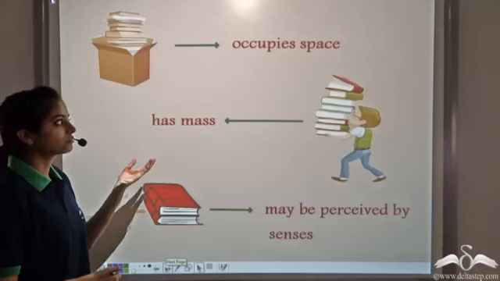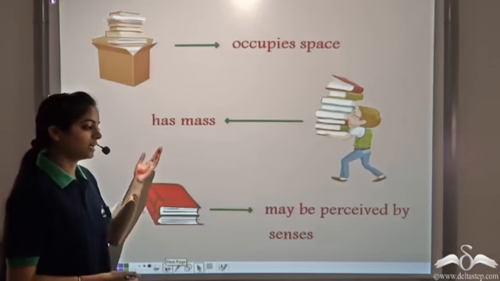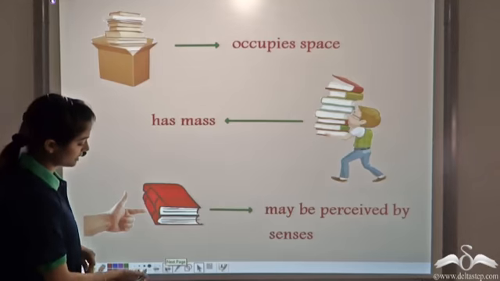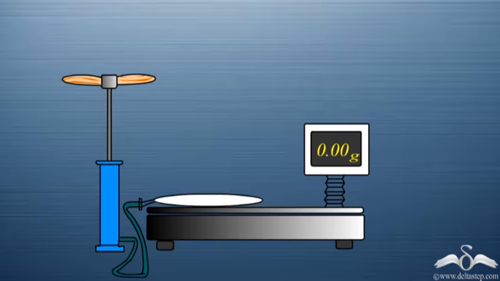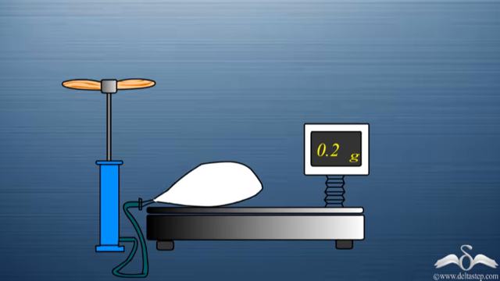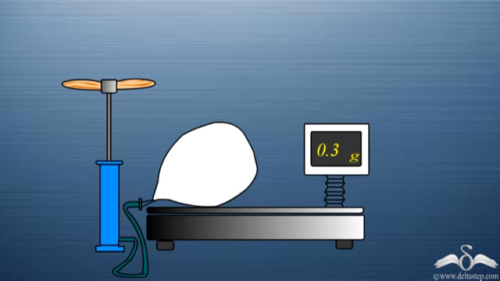So we know matter is something that occupies space, it has mass, and it may be perceived by senses. So let's see if air is matter. We pump air inside a deflated balloon. Observe what happens. As more and more air is pumped inside the deflated balloon, the volume of the balloon starts to increase and also the mass of the balloon increases. So you see that air has mass and it occupies volume.